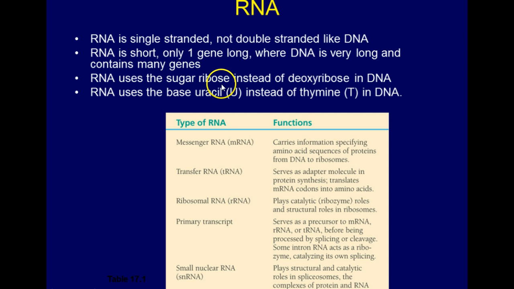RNA uses the sugar ribose instead of deoxyribose. And then, of course, RNA uses the base uracil instead of thymine in DNA. Now here are your different RNAs. So I want you to make sure you get this little chart in your notes to refer back to. And I'll let you write all the descriptions, and then as we move along, we'll describe each one more carefully.